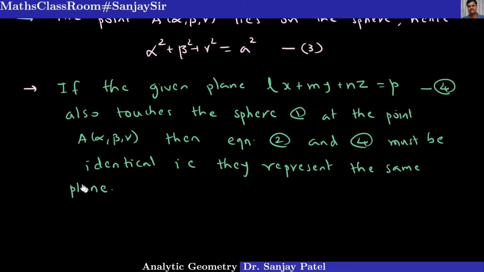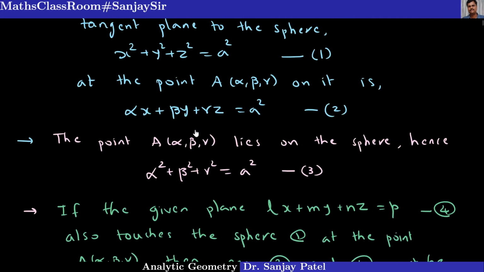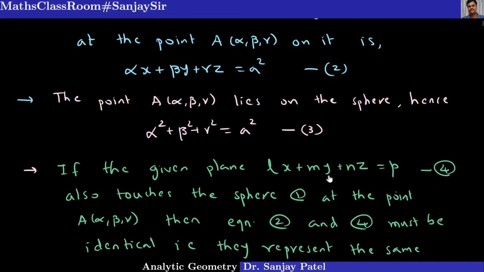So equation 2 is our tangent plane alpha x plus beta y plus gamma z is equal to a square, and equation 4 is the given plane Lx plus My plus Nz is equal to P. We are saying that both the planes are tangent planes at the point alpha beta gamma on the sphere.